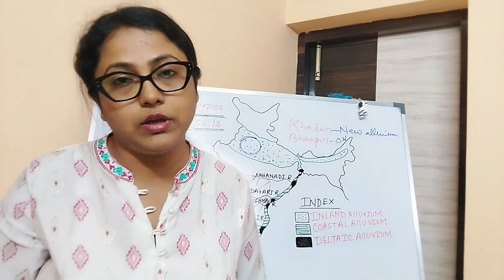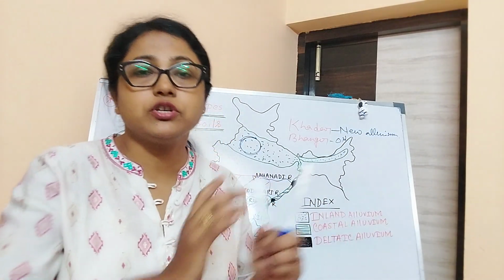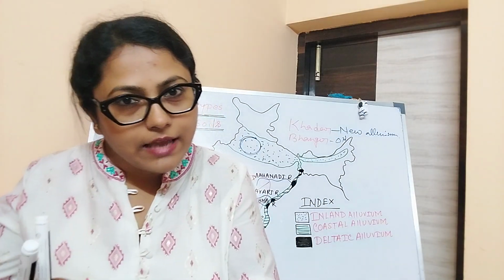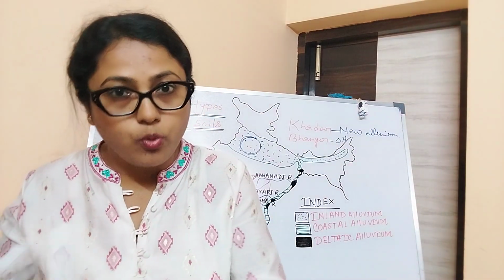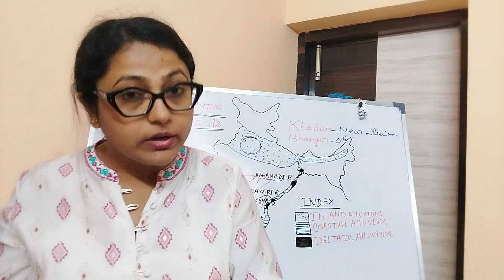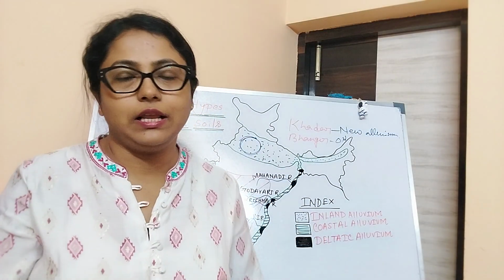Definitely the deltaic alluvium. Why? Because here finer sediments, newer alluvium, good water preservation, and this other side all are negative points: sand particles more, porous in nature, water preservation capacity not that much, salt concentration more. That's why deltaic alluvium is more fertile than the coastal alluvium.